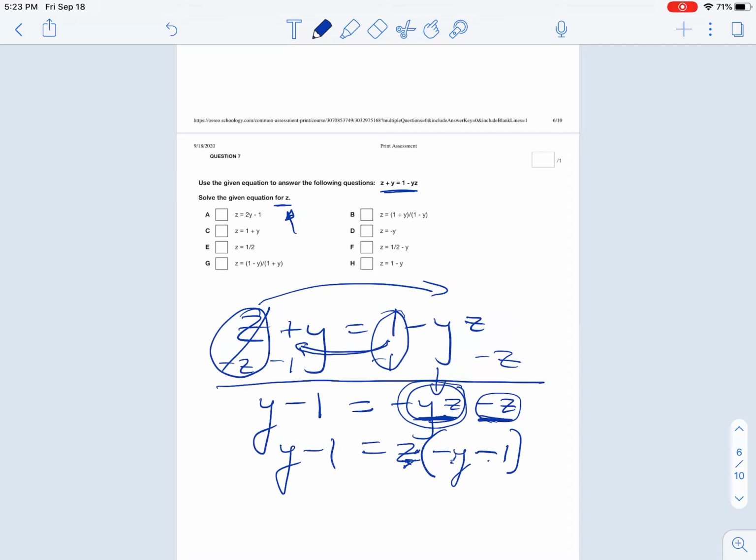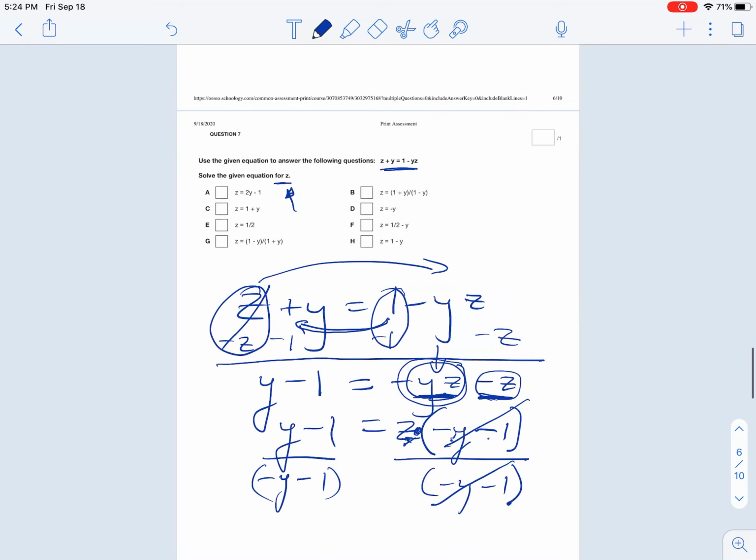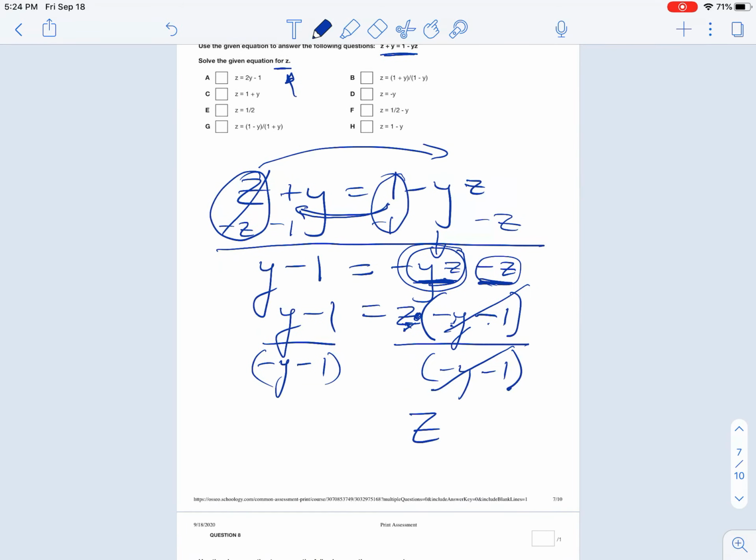This is z times this quantity. And if I divide by this quantity here, on that side, to cancel it out, I have to do it over here as well. And I'm almost done because I have z equaling this.